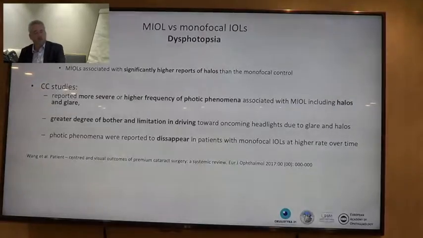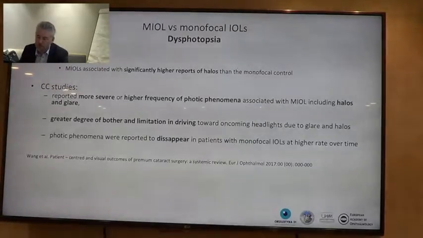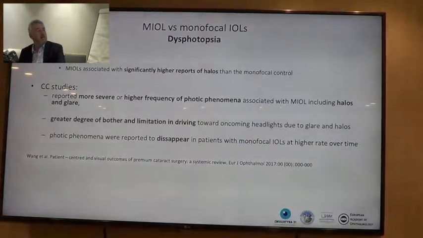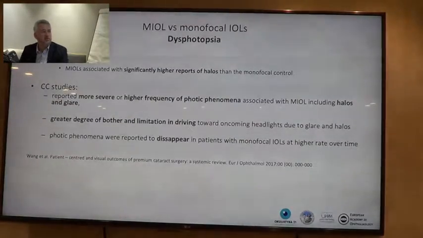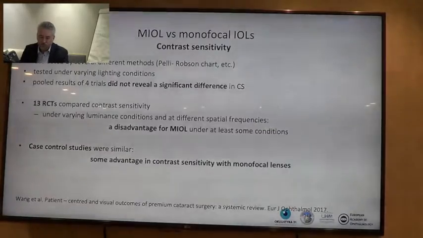It was also supported by case control studies which reported more severe or higher frequency of photic phenomena associated with multifocal IOLs, including halos and glare, greater degree of bother and limitation in driving toward oncoming headlights due to glare and halos, and photic phenomena were reported to disappear in patients with monofocal IOLs at a higher rate over time.